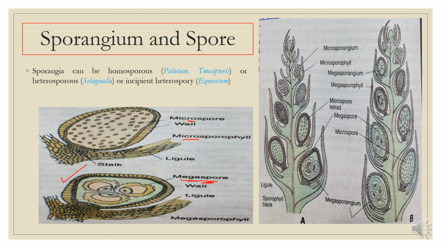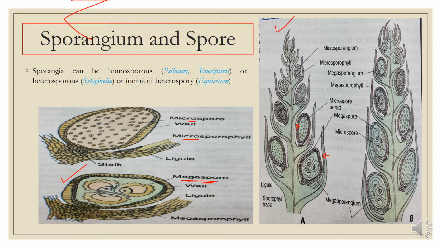But there are also certain species where a single strobilus, as we see in this picture, contains both microsporangium and megasporangium. Here this one is the microsporangium and this one is the megasporangium.